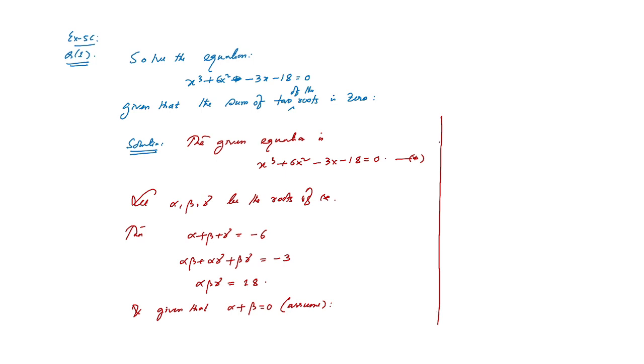Alpha plus beta equals to 0. So this is 1, this is 2, 3 and 4. Therefore from 1 and 4, what we get is alpha plus beta equals to 0, so 0 plus gamma equals to minus 6, and that implies gamma equals to minus 6.